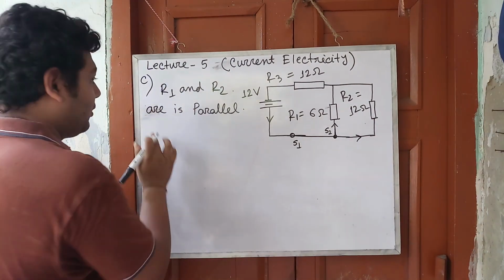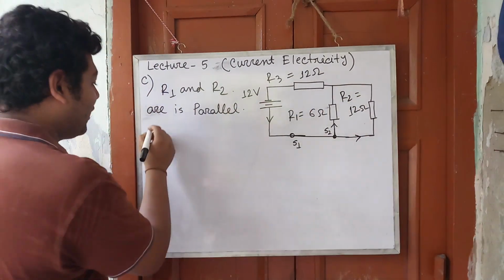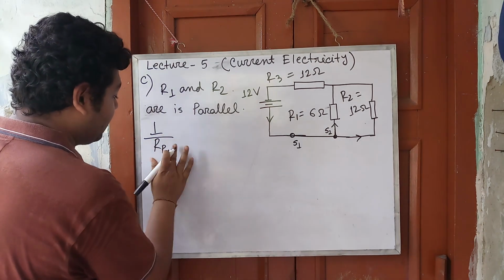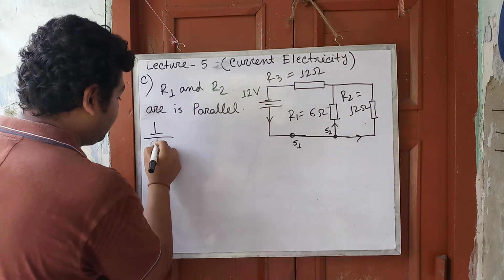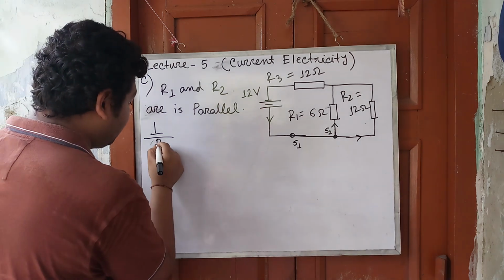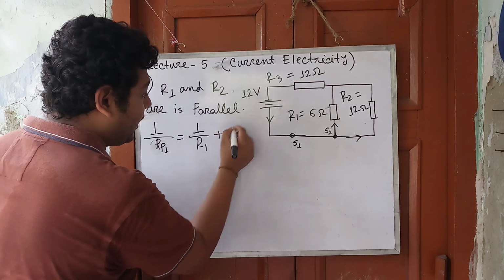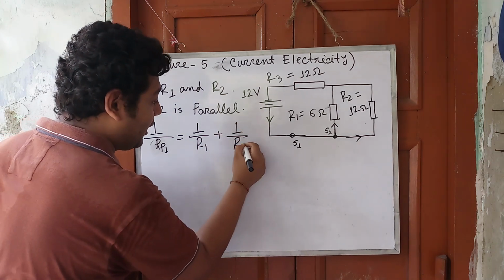So in our first part, the equivalent resistance will be 1 by RP1 equal to 1 by R1 plus 1 by R2.